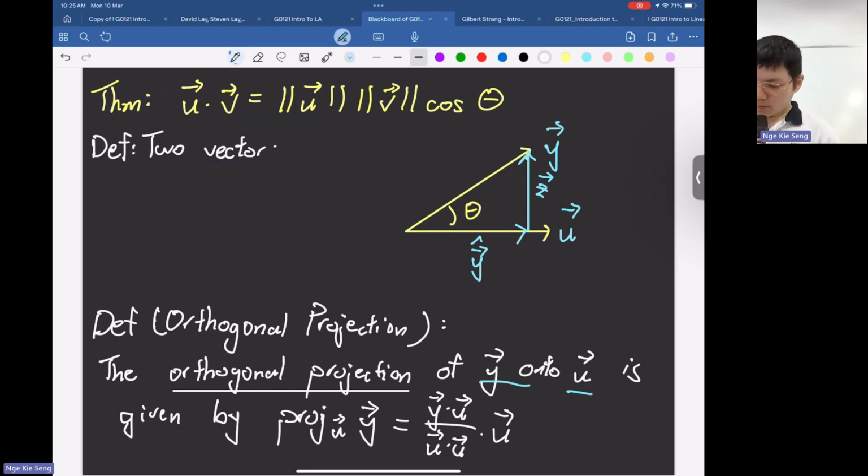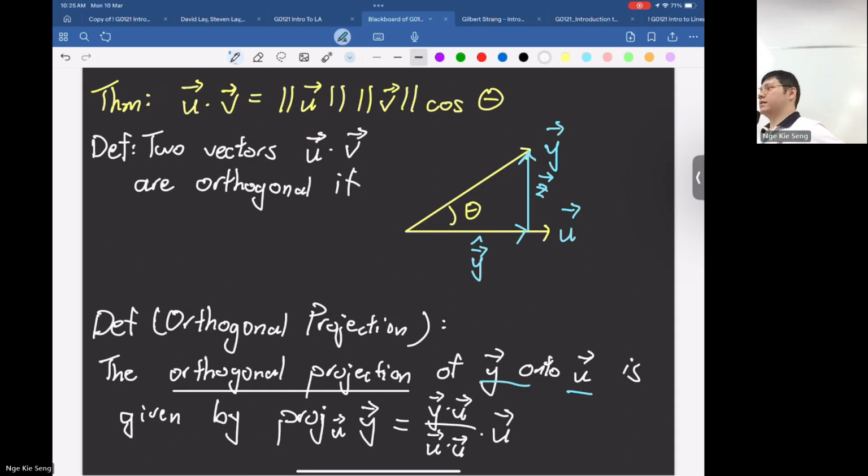Two vectors u and v are orthogonal if what? What's the definition? Sorry? 90 degrees. I think before the 90 degrees, what's the definition?